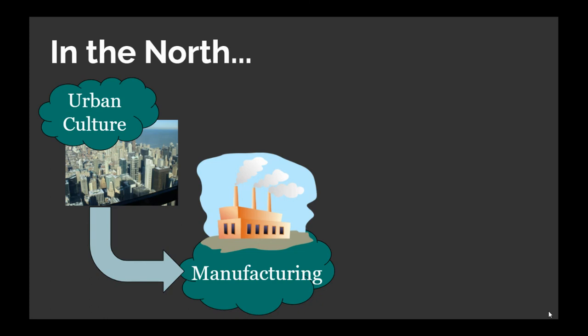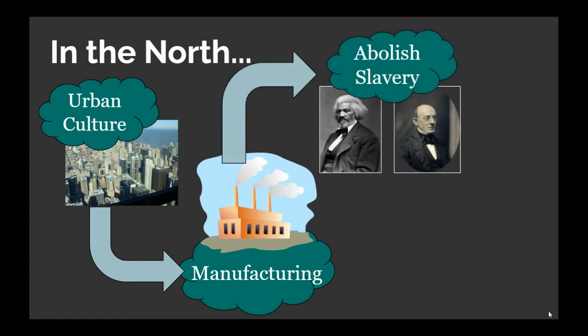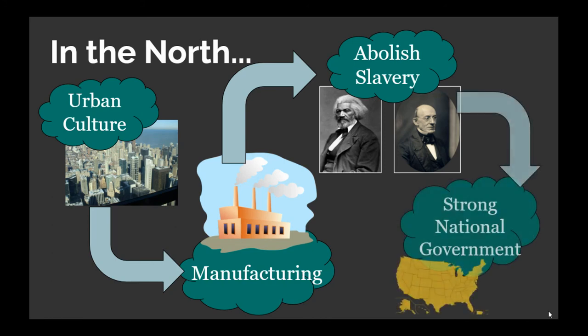They don't require slavery in order to continue their economy. So they want to abolish slavery because they see that it is cruel and inhumane. As a result, they want a strong national government that is going to abolish slavery for all 50 states.